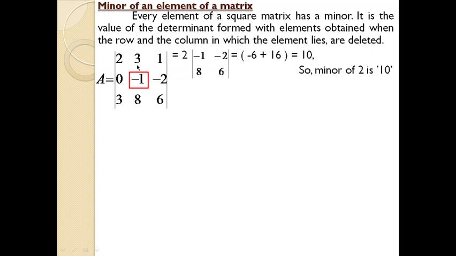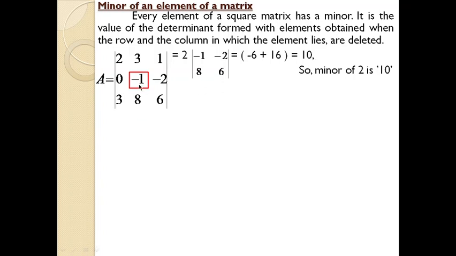In the computation of the determinant, you need to depend upon the first row alone. If it was for the determinant, you would have selected 2, 3 and 1. But for the computation of the minor of an element of a matrix, you have to select all the elements within this matrix. So, earlier we selected 2, and the minor of this element, 2, is 10. This is how you find the minor of an element.